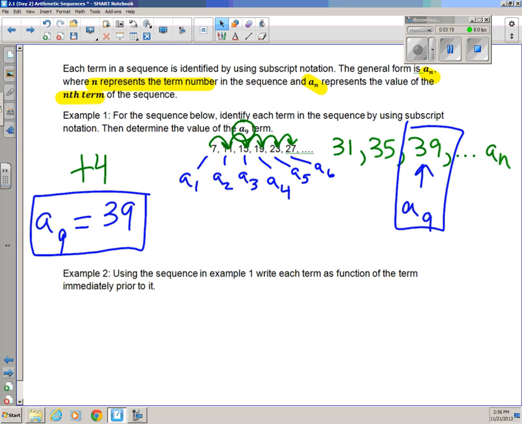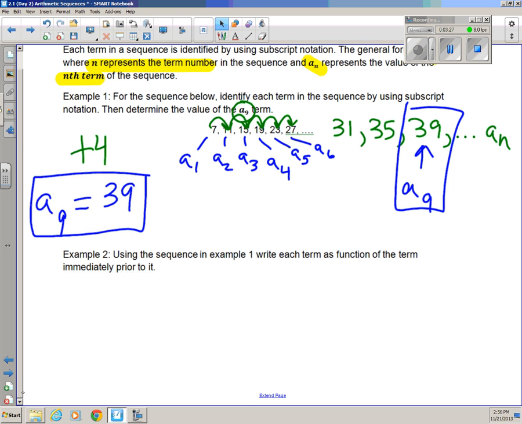If you think about going all the way out to the A sub n term, think about the number before and the number after it. The number after A sub n would be A sub n plus 1. But what if I wanted the number before A sub n?